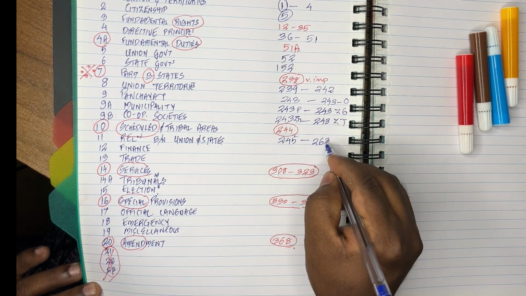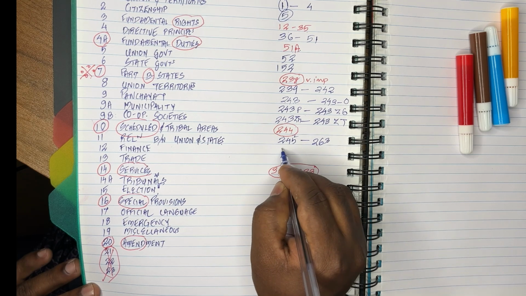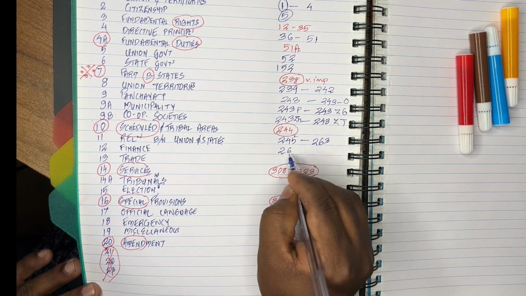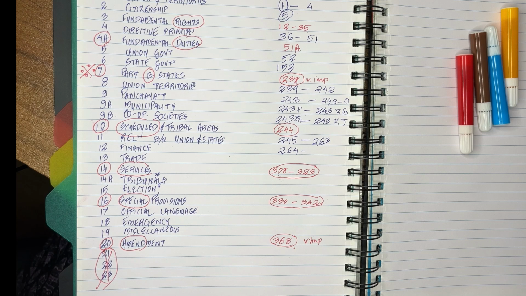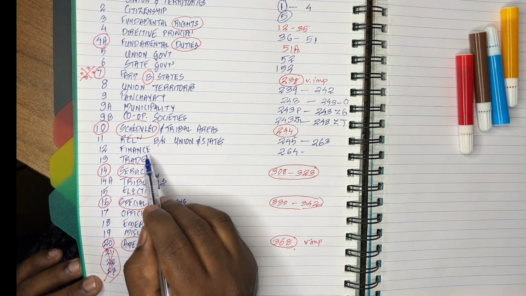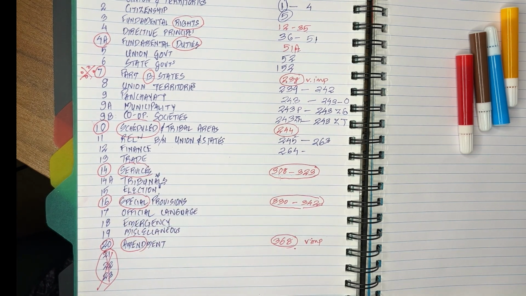So if we write here 263, what would be the number here? 264. Then we know that it's a matter of money, finance. If you are going to purchase something in a shop, they are telling you a price, so you will tell them to round the figure out.